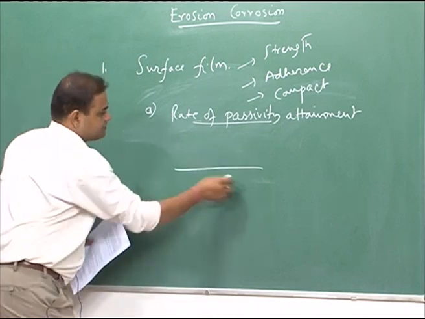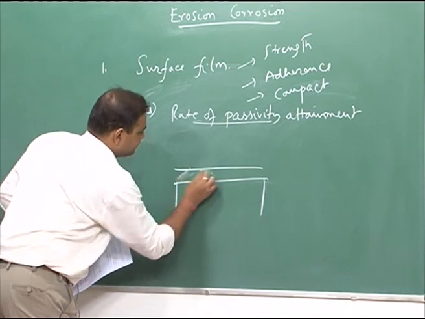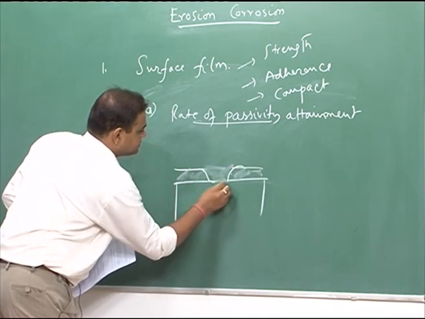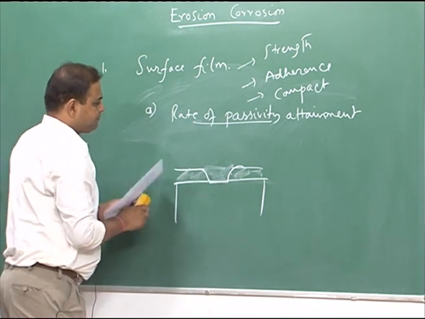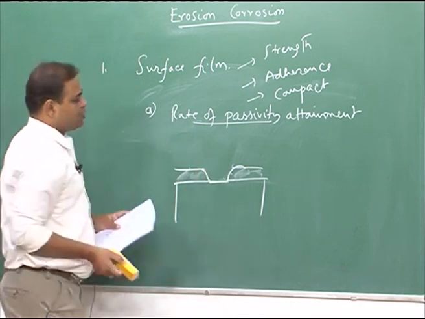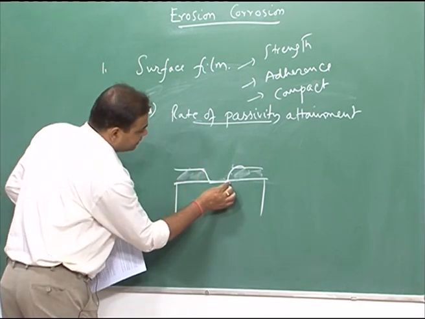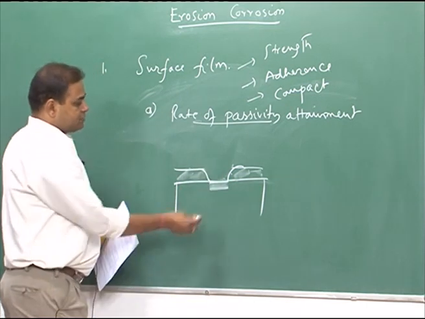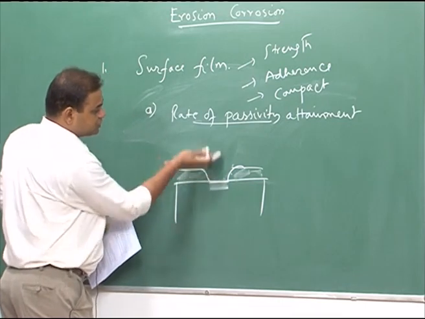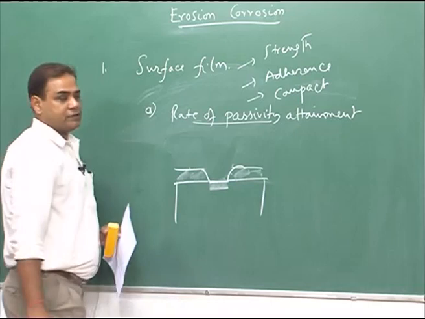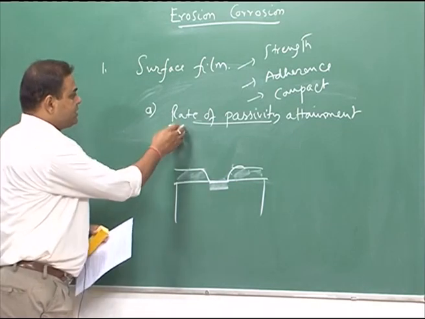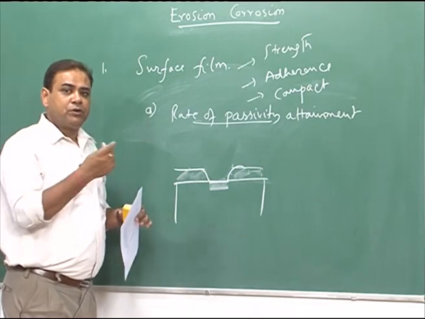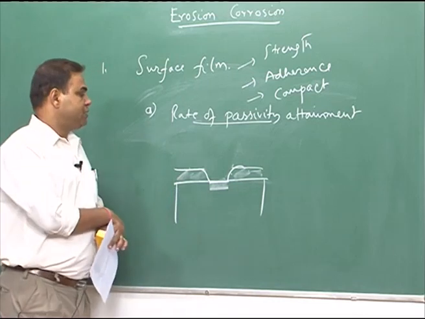This means how quickly the passivity is attained again. Let us say on a metal surface, this is my passive layer. If some section is broken, how quickly will the exposed metal, where the layer is broken, form the passive layer again? The quickness of attaining passivity would decide the erosion corrosion resistance of that particular metal or alloy.